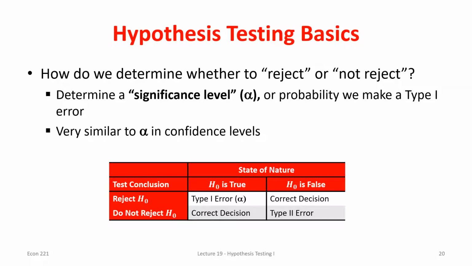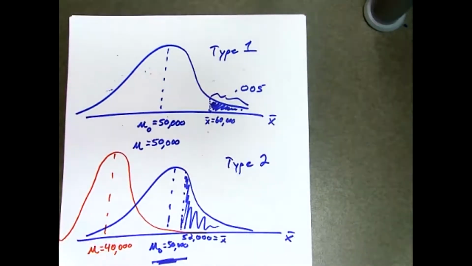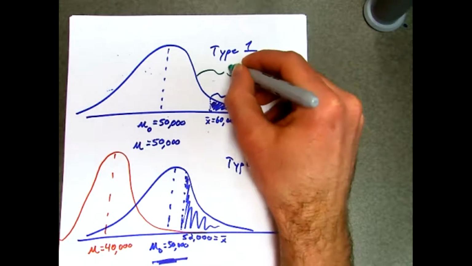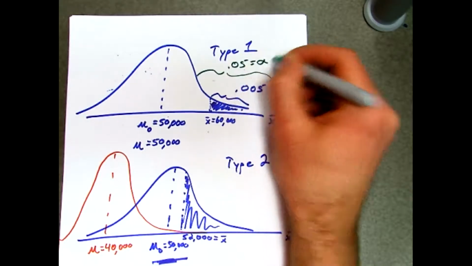So we're going to set this, and basically we're going to say, look, let's say I set alpha to be 0.05.